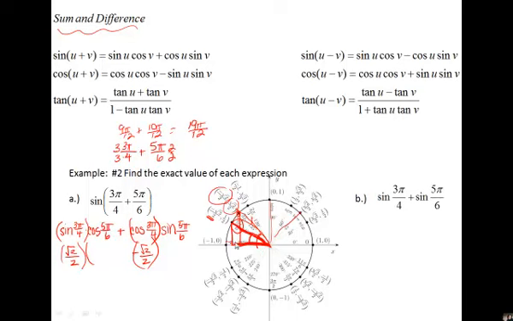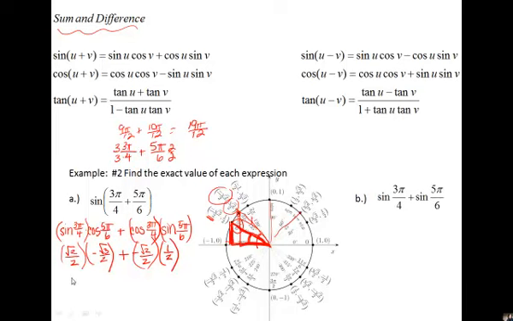So that's this right here, or the adjacent over hypotenuse to that reference angle. So here we would have negative square root of 3 over 2, that longer leg of that 30, 60, 90. And don't forget our plus. And then sine of 5 pi over 6 is going to be the y value, so 1/2, the shorter leg of that 30, 60, 90 triangle.